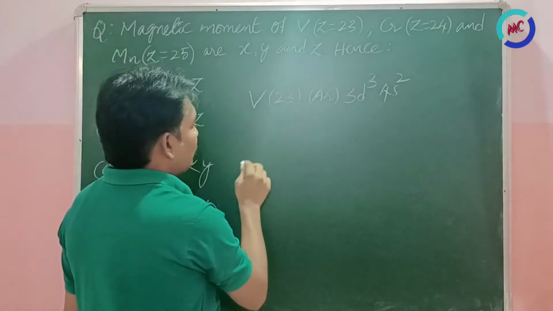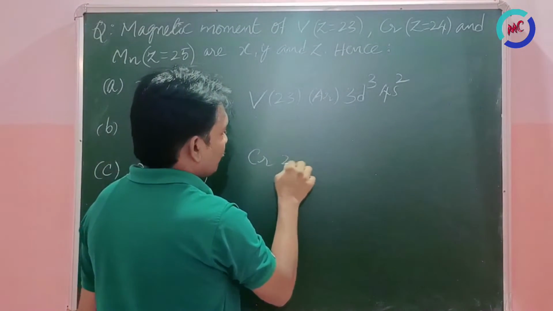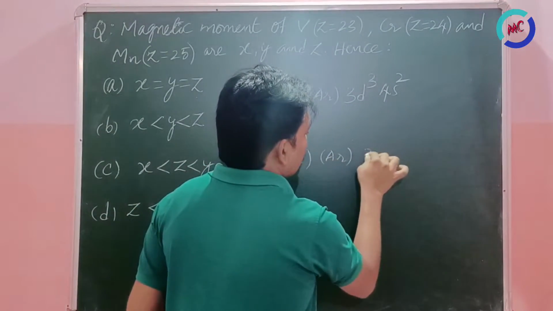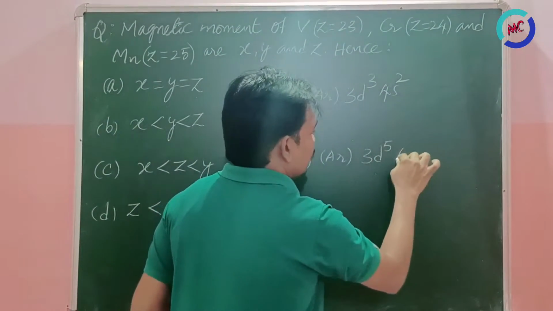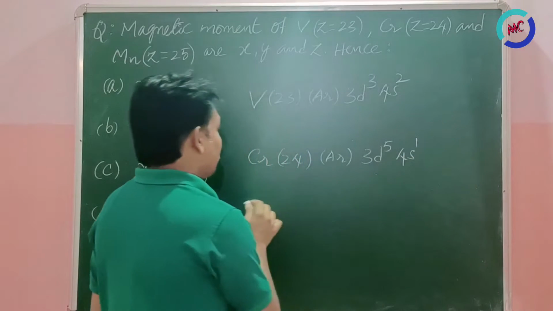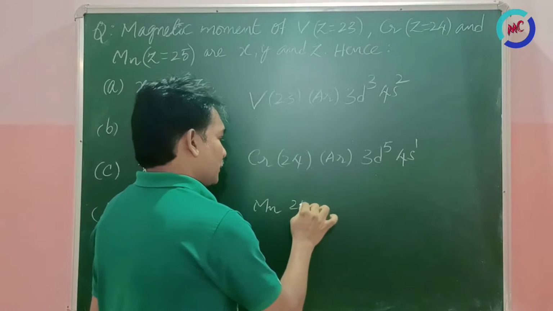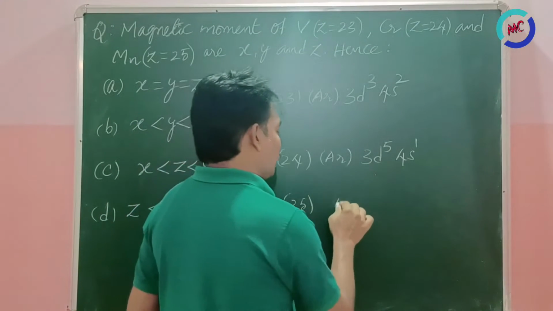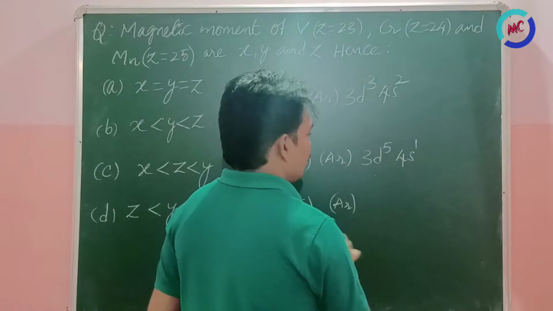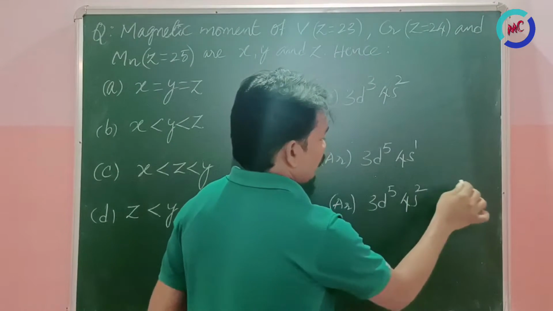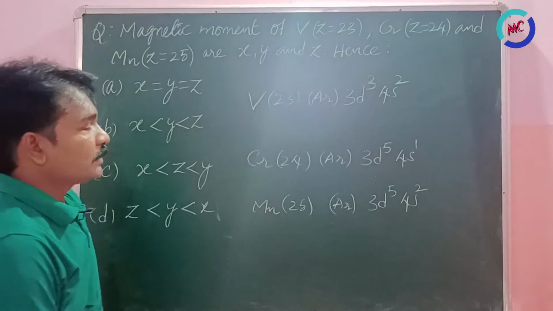And next one, chromium 24, argon 3d5 4s1. And next one, manganese, atomic number 25, configuration argon 3d5 4s2.